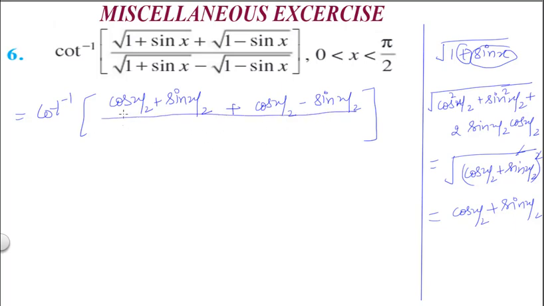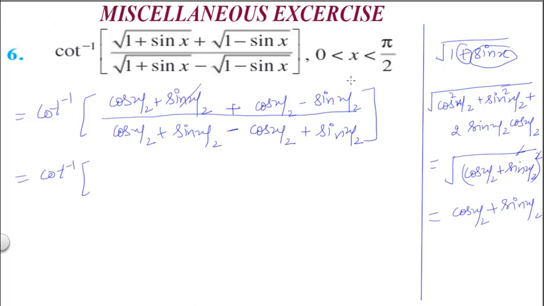In the denominator, we will have it as 1 plus sin x. So we will write cos x by 2 plus sin x by 2. Now minus of, we have the same thing in negative. So it will become minus cos x by 2 plus sin x by 2 when we apply the negative sign outside the bracket. So you just see, we can cancel sin x by 2 with sin x by 2. We can cancel cos x by 2 with cos x by 2.